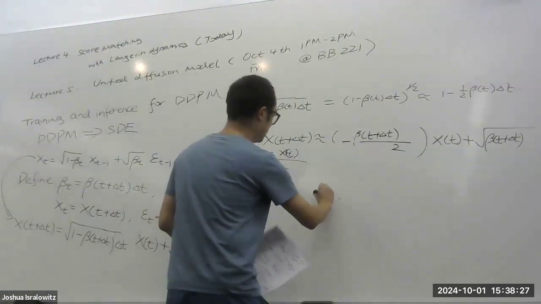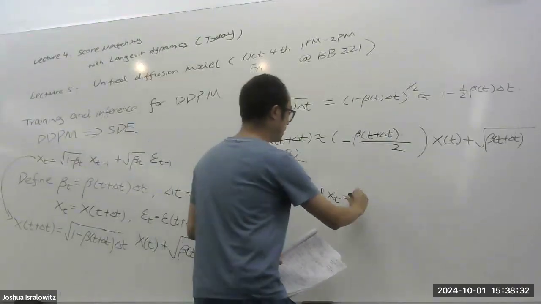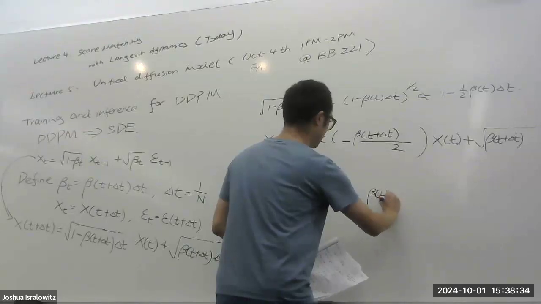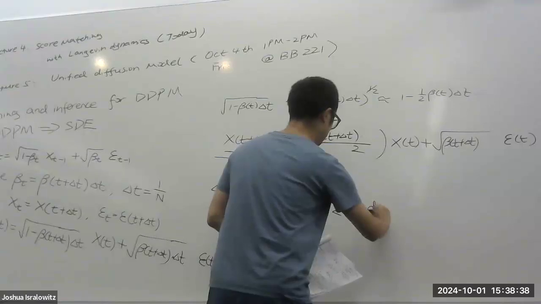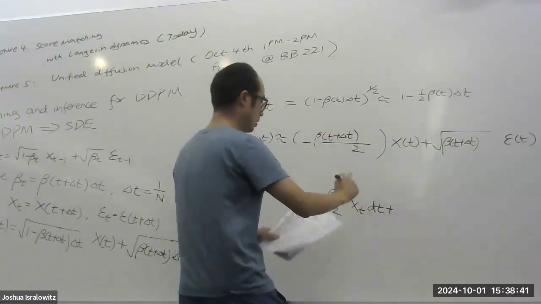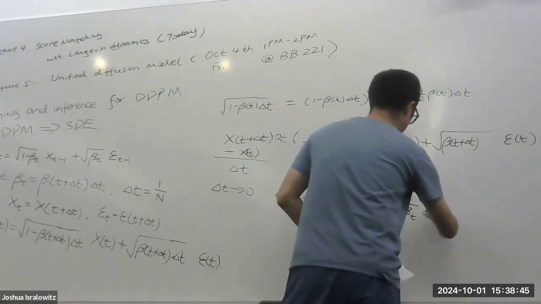So this is dxt equal to minus beta t divided by 2 xt dt plus square root of beta t dwt.